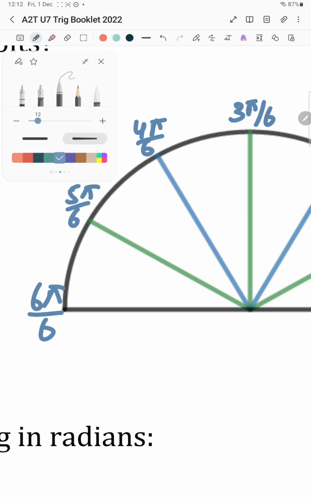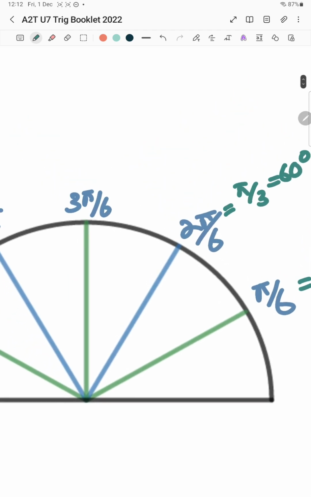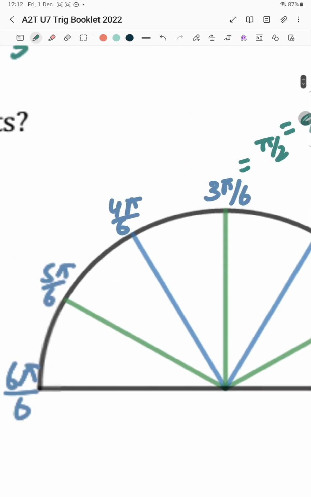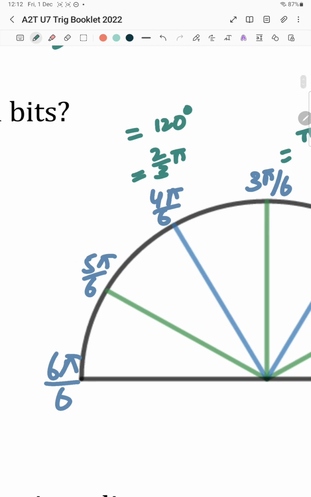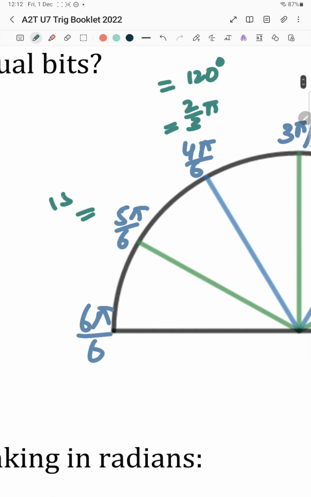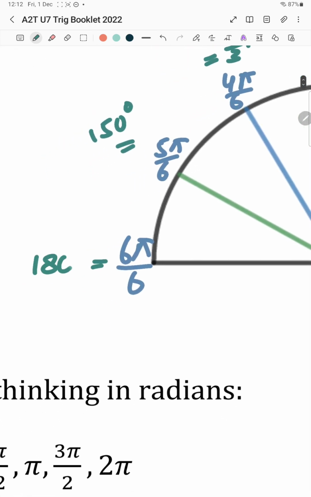We can also write these as 30 degrees, 60 degrees, 90 degrees, 120 degrees, 150 degrees, 180 degrees.